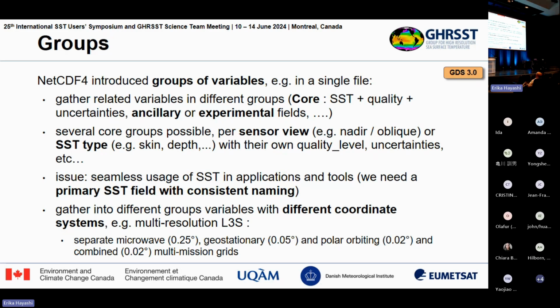You would either put these in different L3S, or if you want to put all that in the same L3S, we should use a group for the different sources of measurement, with their own coordinates, latitude, longitude, and so on.